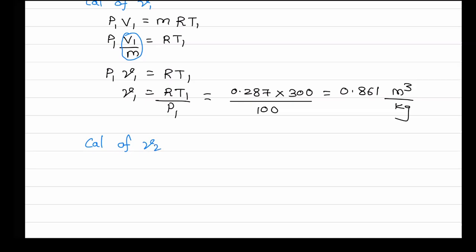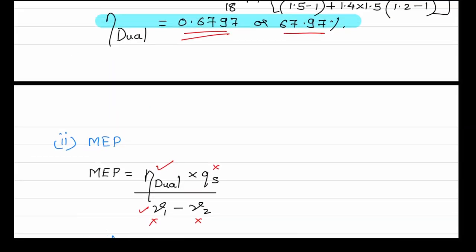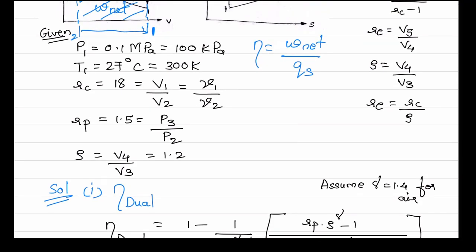If you see the given data, compression ratio RC is v1 by v2. This is capital V1 by capital V2. The unit of capital V1 will be meter cube, same way capital V2 will be meter cube, whereas small v1 and small v2 will be meter cube per kg, specific volume.